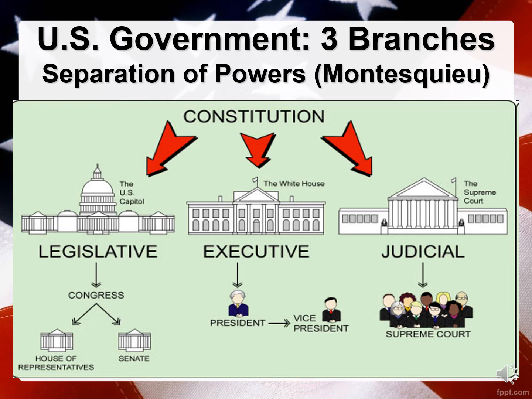We had the executive branch, which includes the president, the vice president, and his cabinet, his secretaries: the Secretary of Defense, the Secretary of Agriculture, the Secretary of the Treasury, the Secretary of State, all those. And then you have the judicial branch. That includes the Supreme Court and the federal courts underneath it.